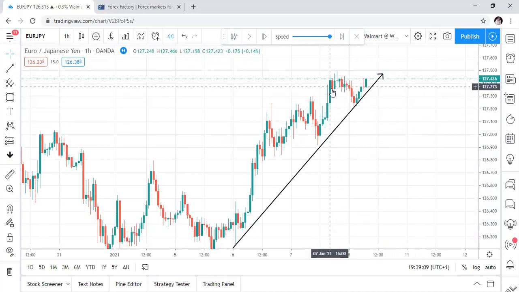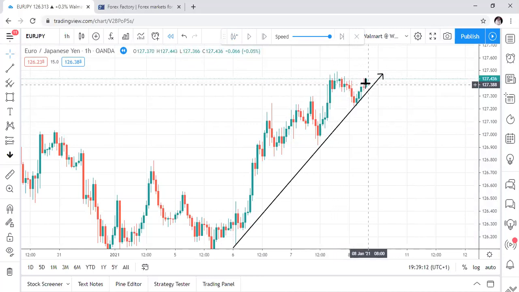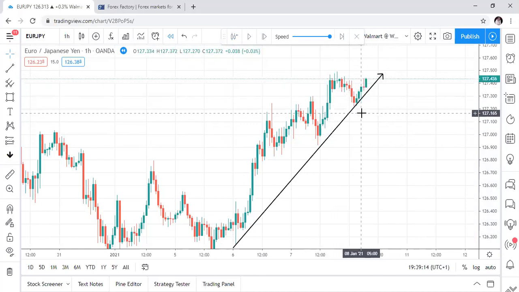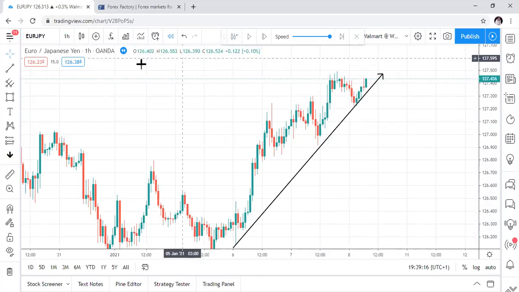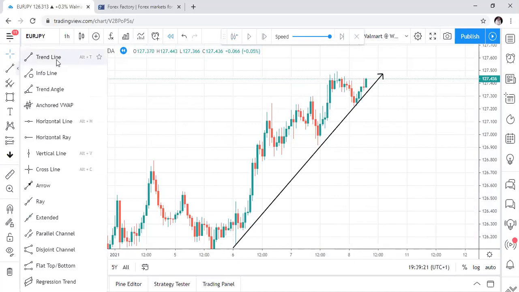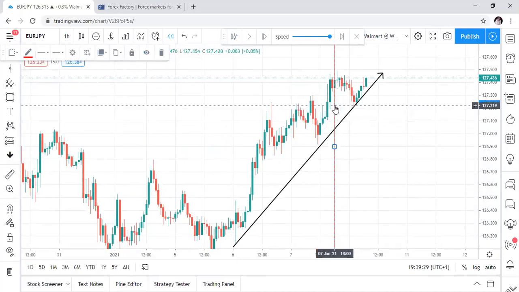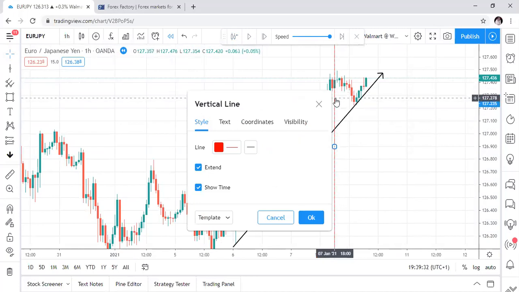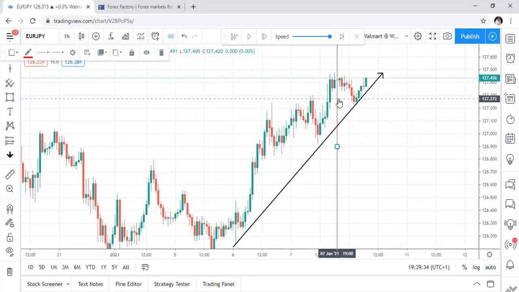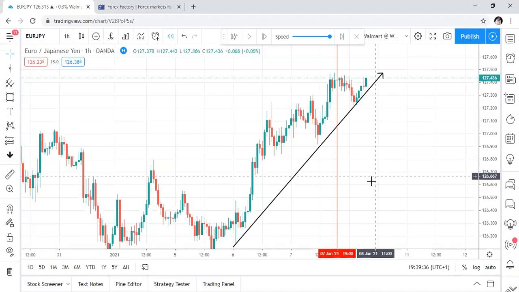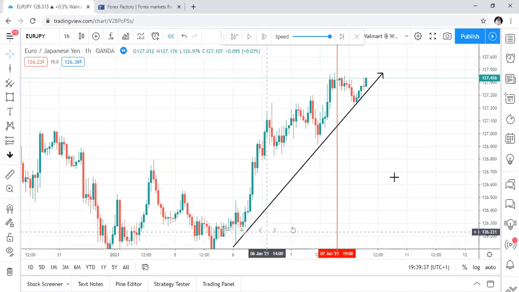When this is grabbed, and you have another, and the market has never been broken, you put your vertical line ahead of the highest point in there. Now, what do you do?